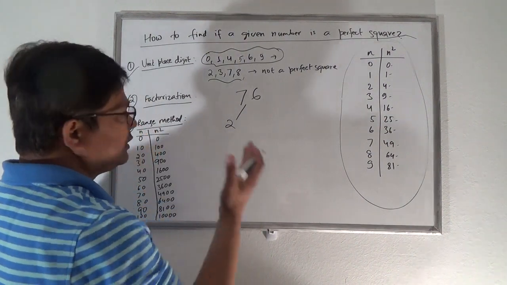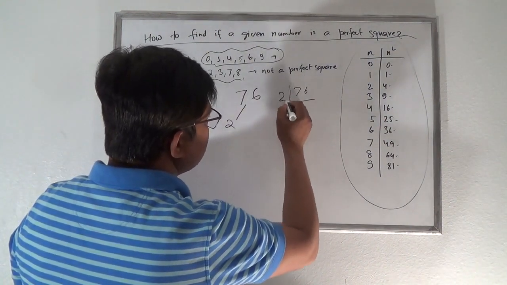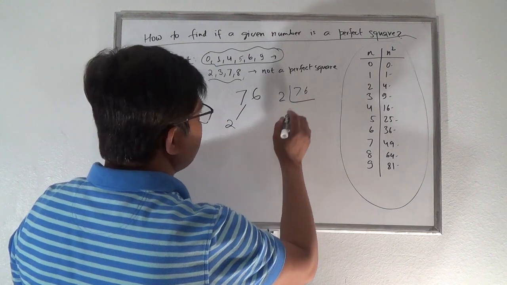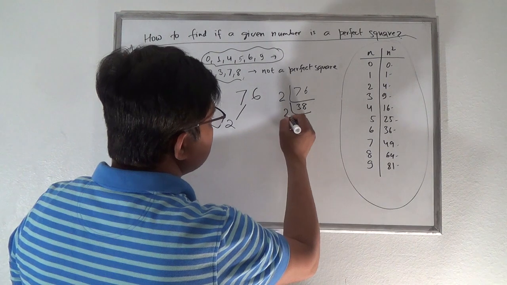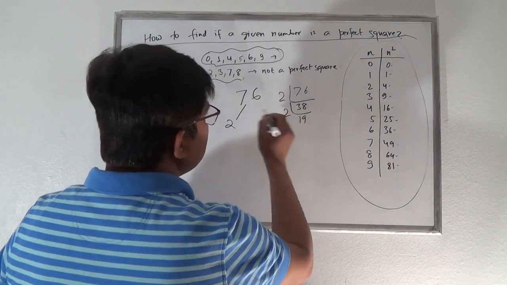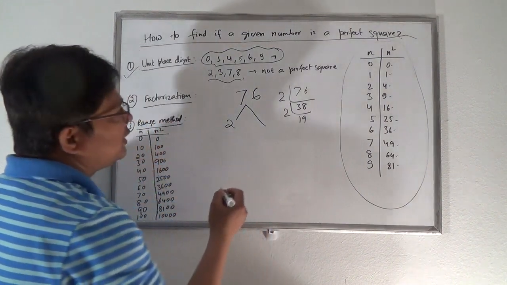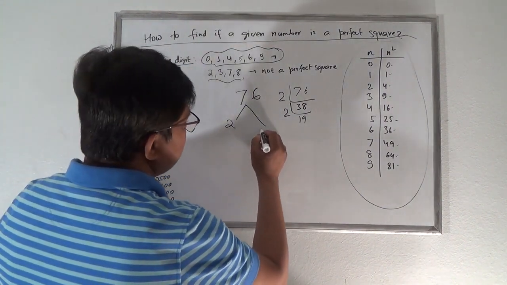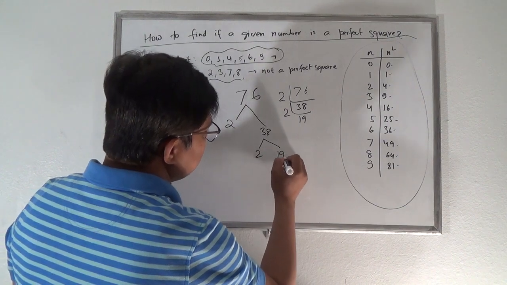There are several ways to do it: 2 and 38, 2 and 19. Some people call it making a tree. So 38 and then 2 and 19.